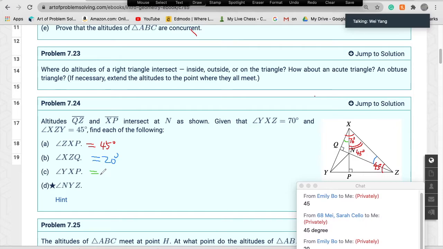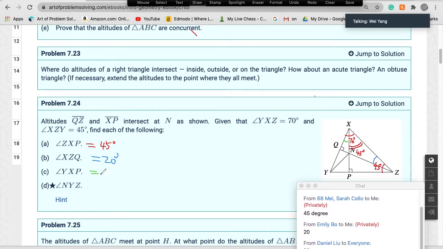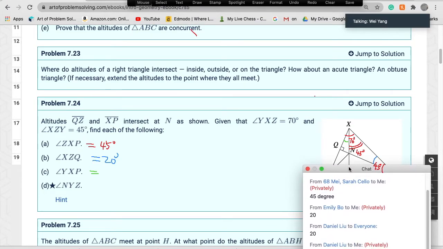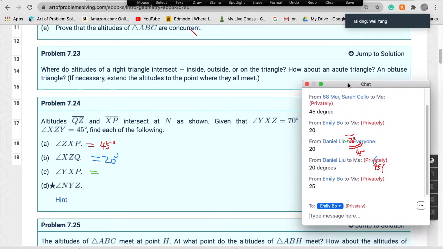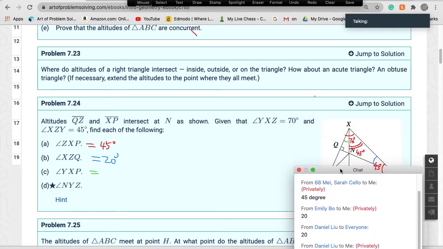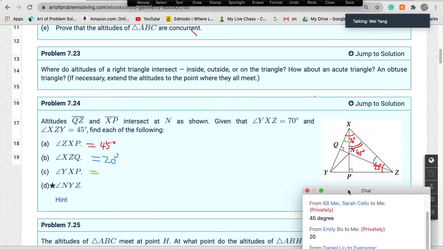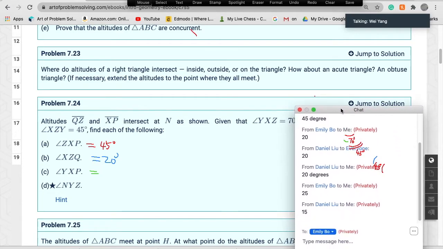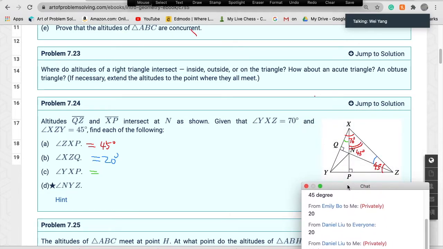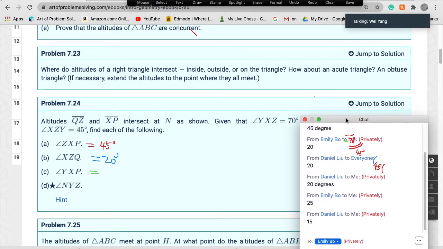Can you find what that angle is? Actually, because you already got the last two. Emily got it right. Who else? Daniel, double check your answer. It's very close.